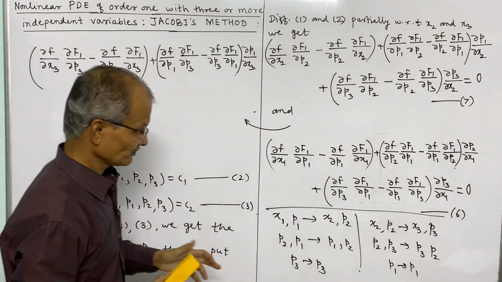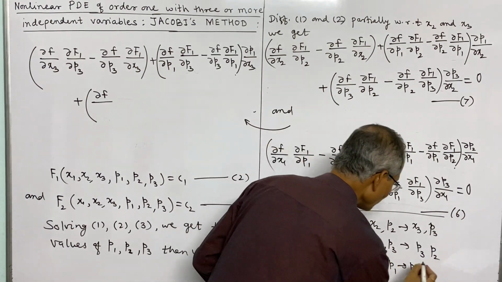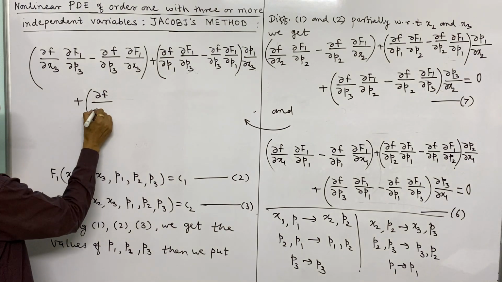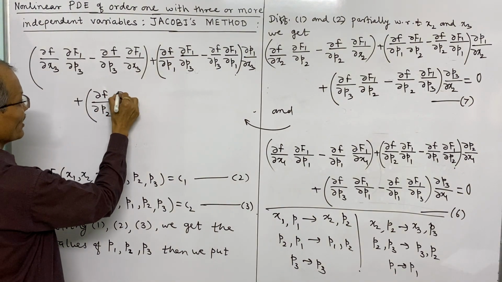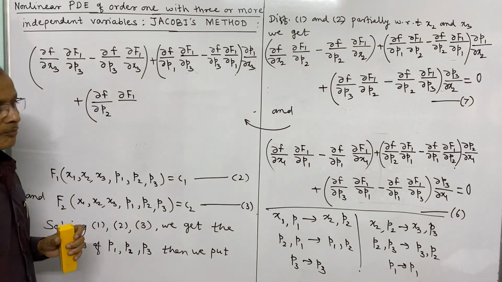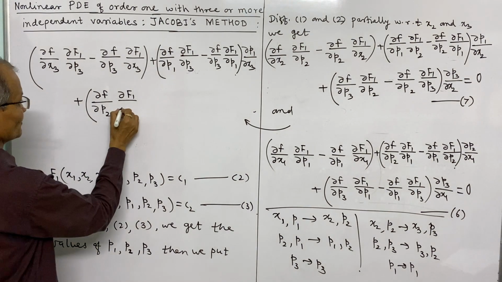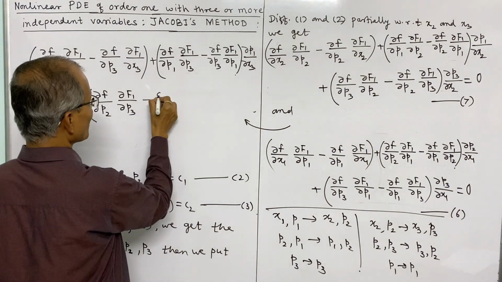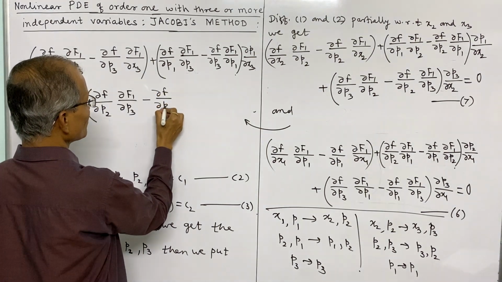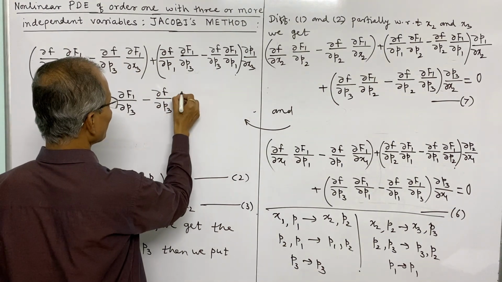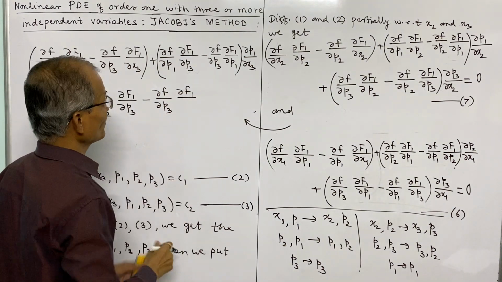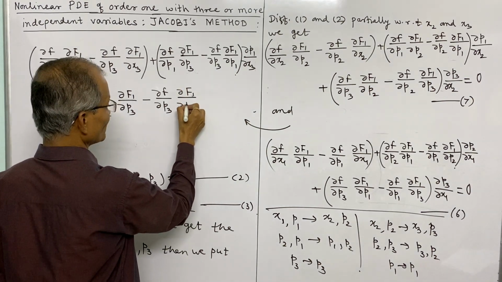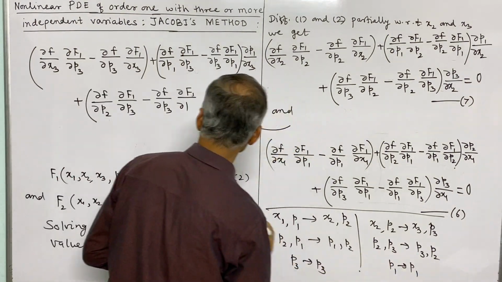P3 becomes P2, see, P3 is P2, so that is ∂F/∂P2, and ∂F1/∂P2, P2 is now P3, minus ∂F/∂P2 means ∂P3, and ∂F1 by capital F1, ∂ capital F1/∂P3, P3 is P2.